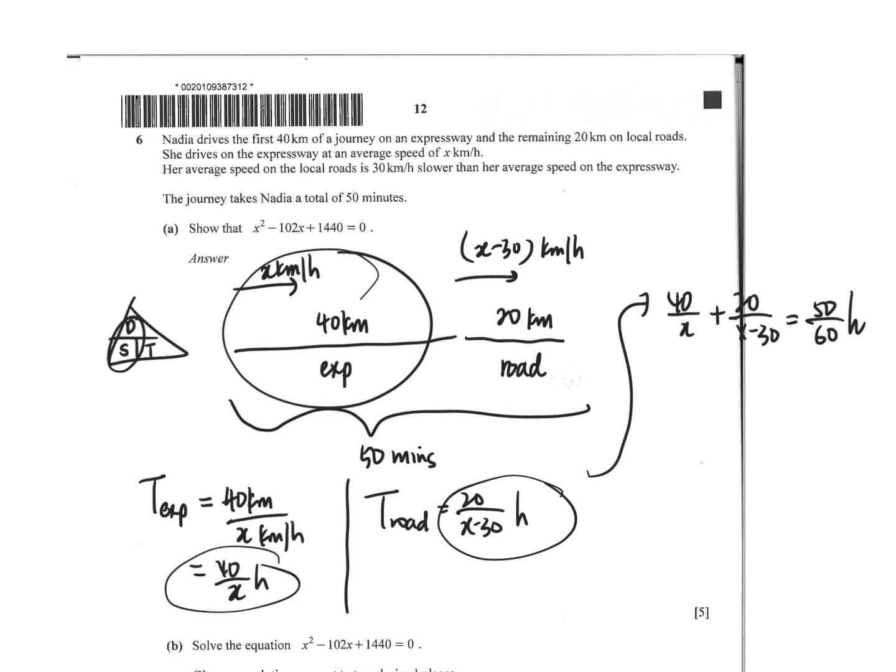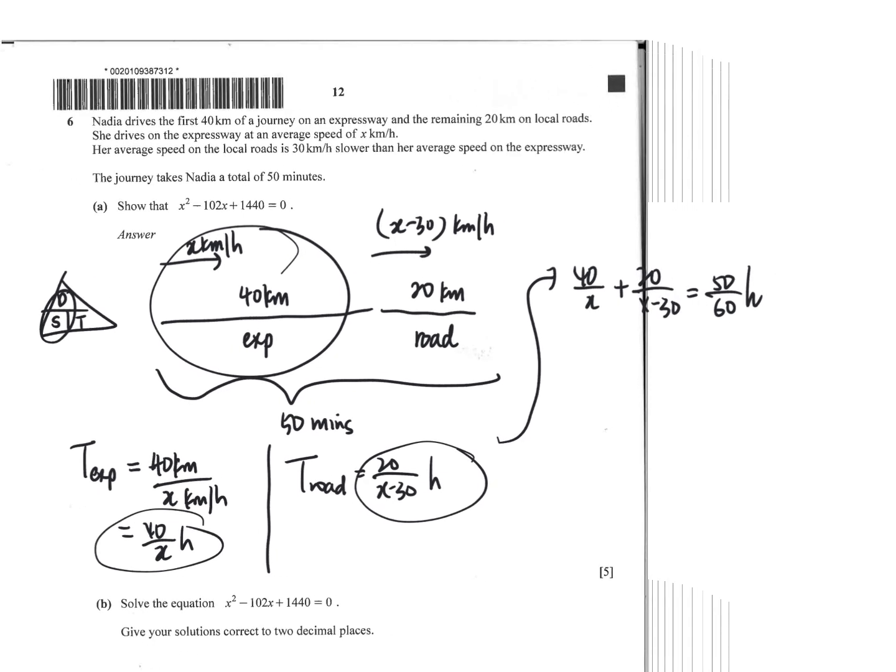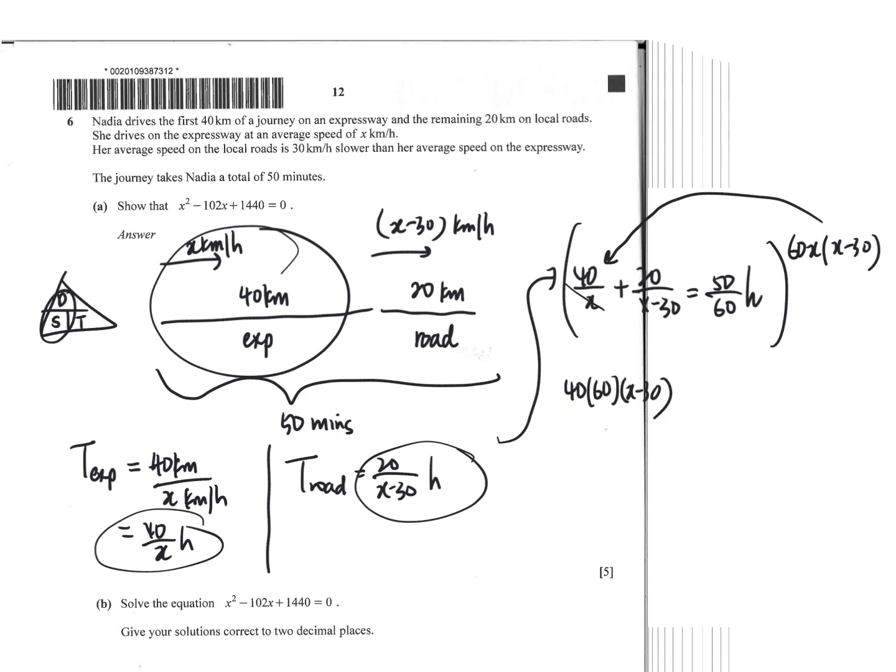So to solve for it, let's multiply throughout by the LCM. If you multiply by this, the X cancels out. Then you multiply by this, the X minus 30 cancels out.